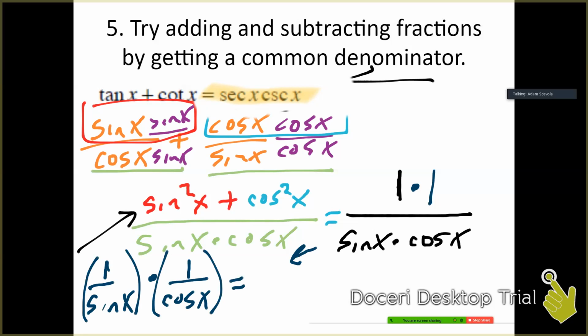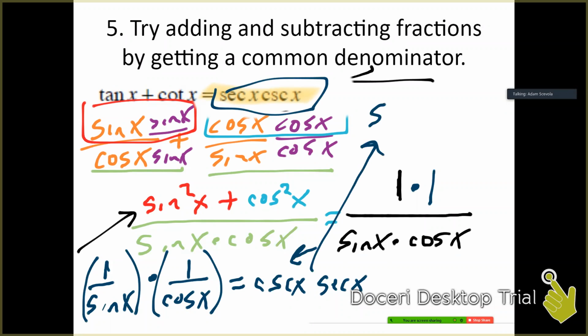Now substitute. 1 over sine of x is the cosecant of x. 1 over cosine of x is equal to the secant of x. And that's pretty much it. The only thing we have to do now is rewrite this in the other order so it looks exactly like the other side.